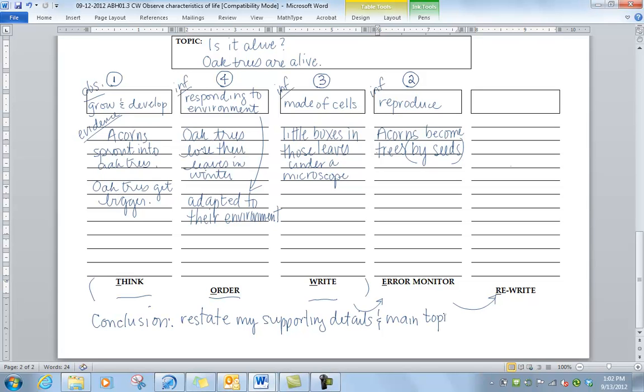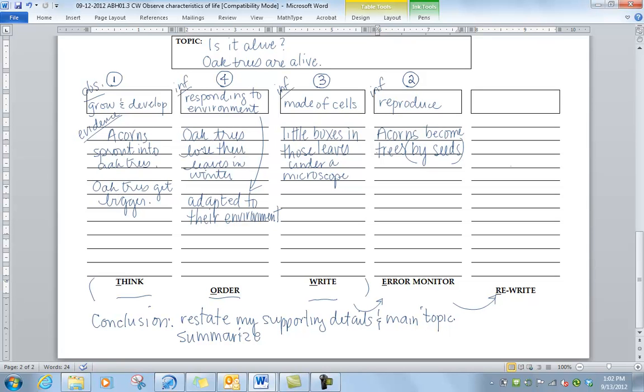An example of a good conclusion sentence would be, oak trees are alive because they grow and develop, reproduce, are made of cells, and respond to the environment. It's a great way of summarizing what is happening in my paragraph, what I've mentioned, and to remind the reader about what they've read.